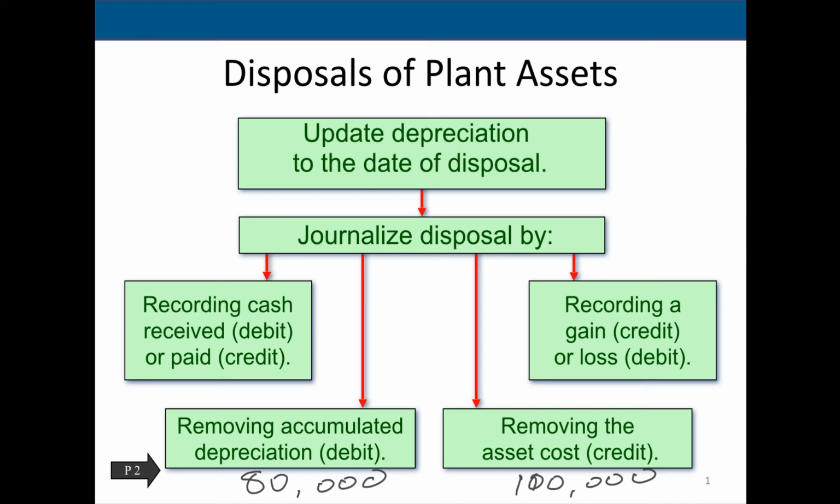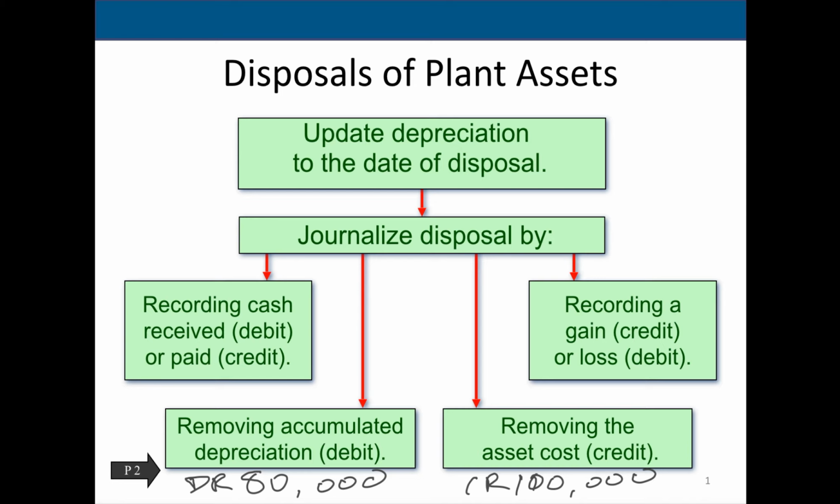Okay, so right now as part of our journal entry, this would be a debit to accumulated depreciation and a credit to whatever asset account this was, if it was a building or land improvement or whatever we're talking about here. Okay, and you see that right now it's out of balance by $20,000, a debit of $20,000.